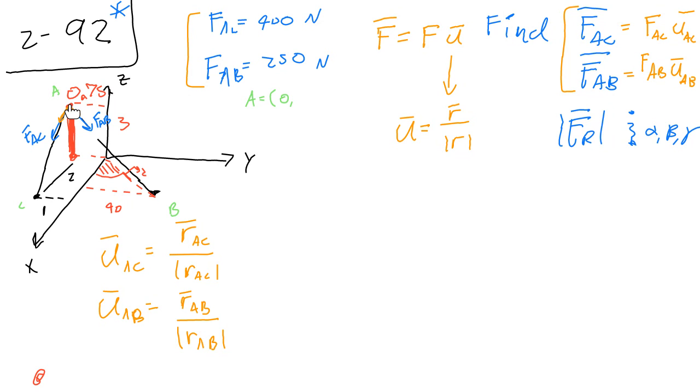Looking at point A here, it's along the line, so it's at 0, comma, looking at the y now, it's a negative point in the y, because it's going downwards, negative 0.75, and the z is how high up it is. Well, that's 3, so 3. And that's the A position.